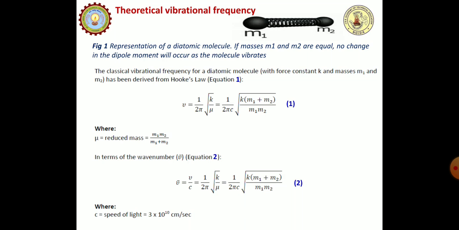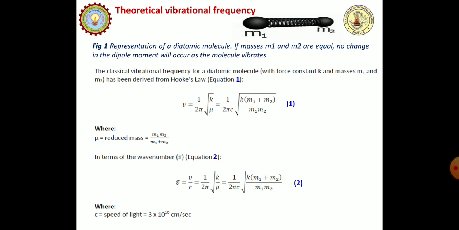But we can also calculate the vibrational frequency by using a theoretical method. In this video lecture, I am going to discuss the theoretical calculation of vibrational frequency and how the vibrational frequency varies with the chemical nature of the organic compound.